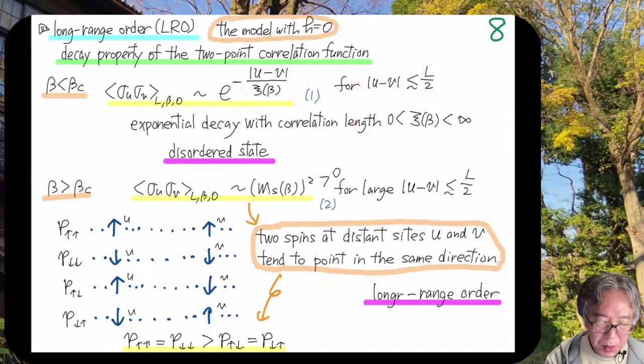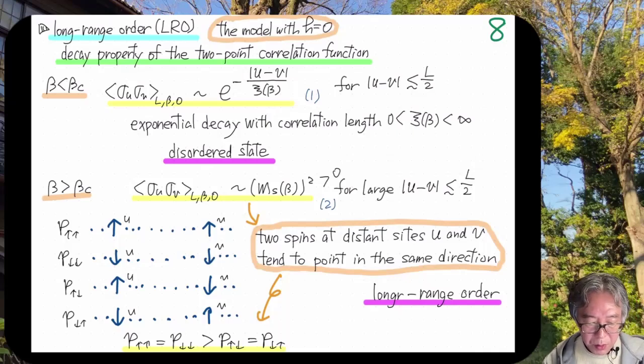Okay, so this characterizes disordered behavior in the high temperature region. And if you're in the low temperature region, then this correlation function does not decay, and it tends to a finite non-zero value, which is the spontaneous magnetization squared.